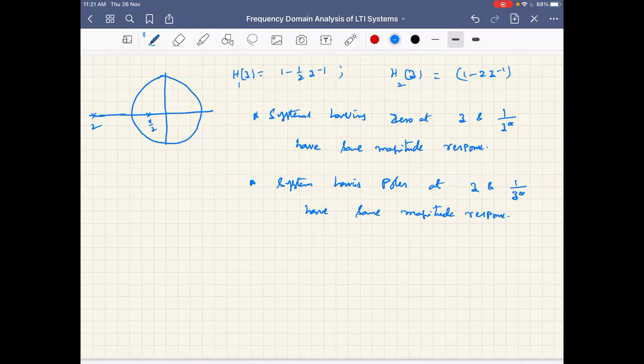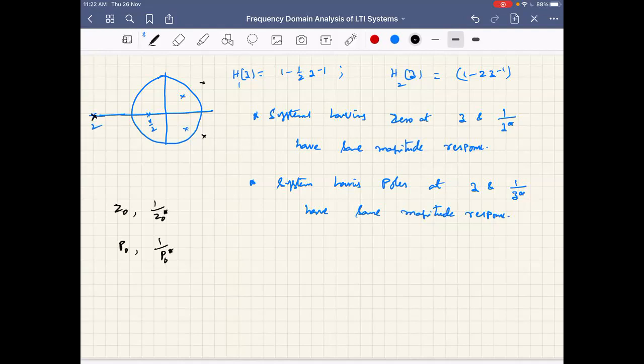Okay, as we have seen before, if we have poles here, they have the same magnitude response. So for a given system, zero pairs z naught and 1 by z naught star, and poles p naught and 1 by p naught star.